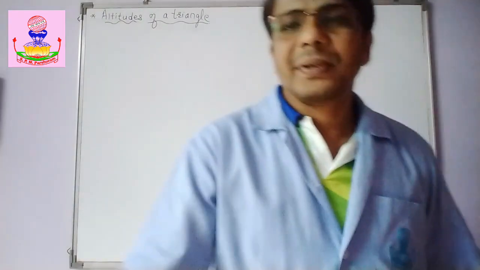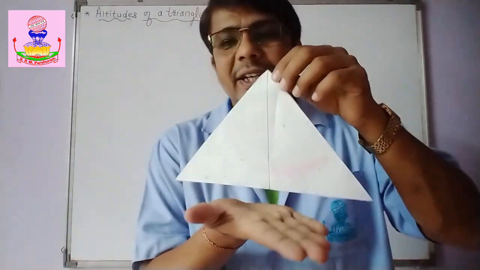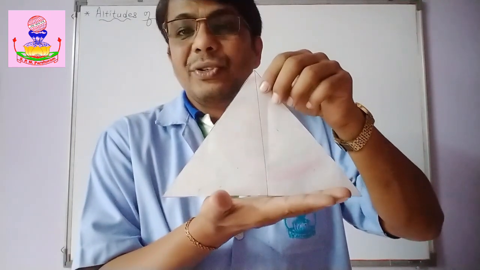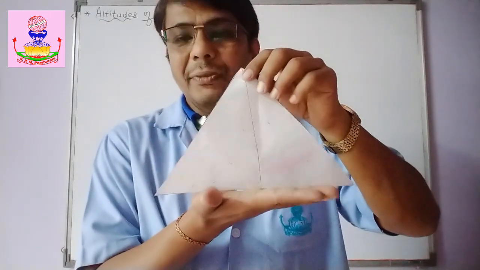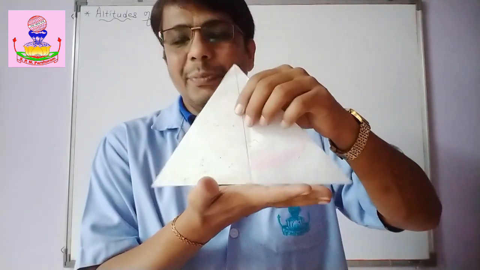Let us see. Now this is the triangle. Suppose if I keep it on the flat surface. So height of the triangle, what will it be from this base? It will be from this vertex to this particular side, that is the base of the triangle.